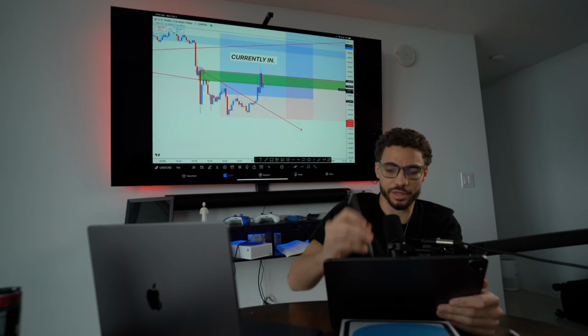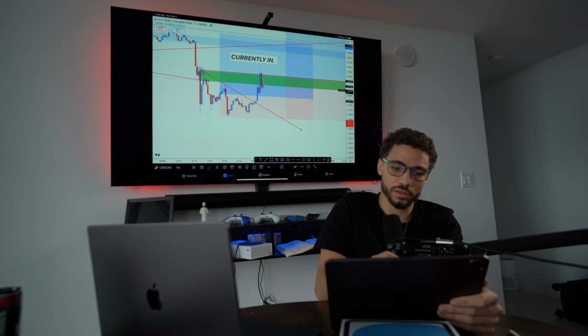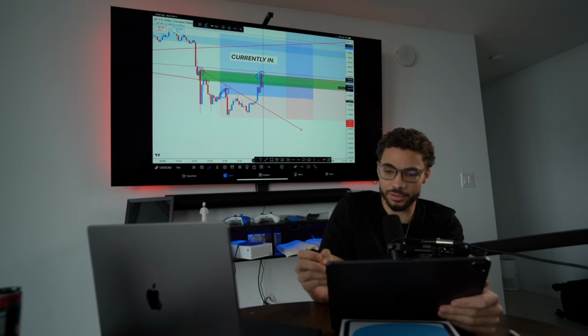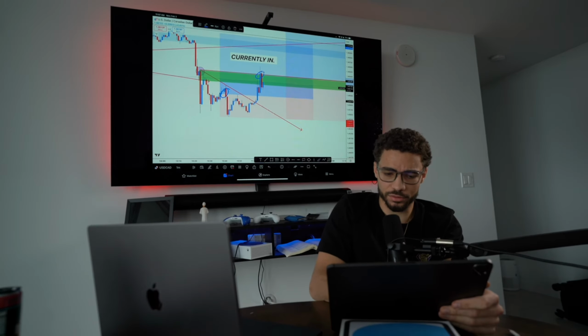Overall, from this level, I think I've just been executing properly. Risky trade, more conservative trade. From there, those are my stances on today.